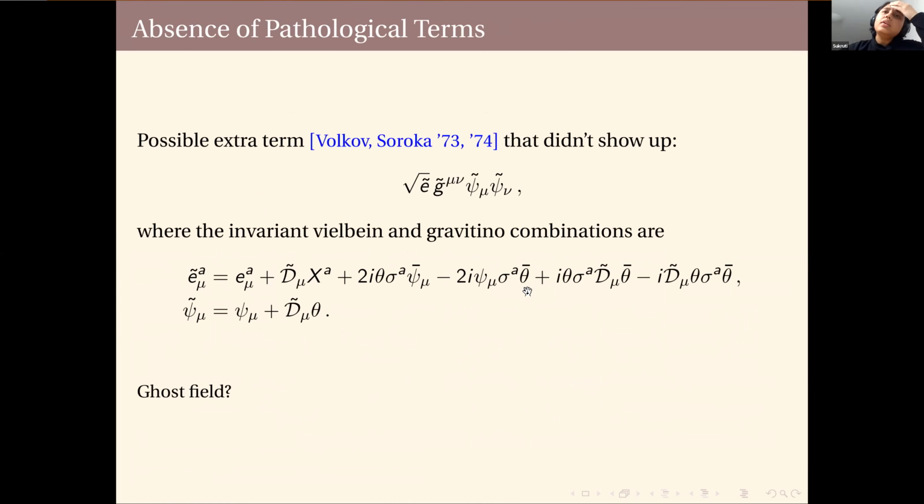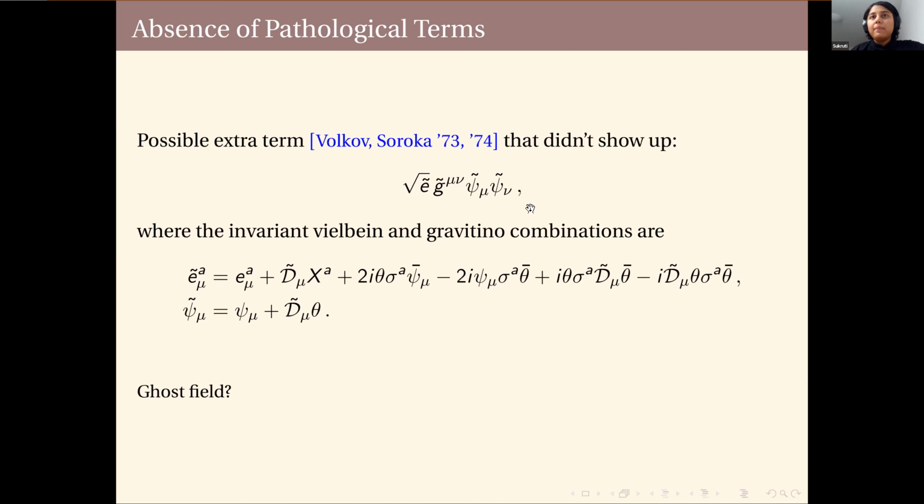Okay, so now it's interesting to see that these different actions are coming out to be the same. But there are certain terms like this one, which is given in terms of a different metric and these different gravitino-like fields, which was given by Volkov and Soroka many years ago, which are in principle possible to be present in the Lagrangian because they are invariant under all the symmetries that are present in the Lagrangian, and also they are not introducing any new fields.